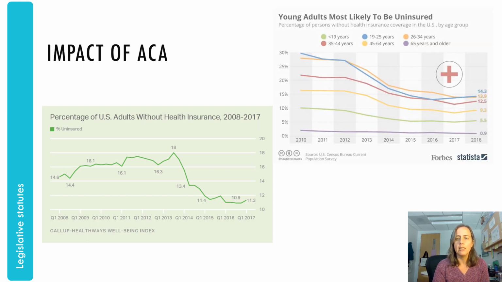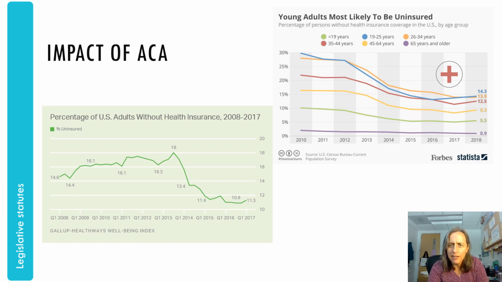So that's good. And what we can see too is that historically and still, younger people are more likely to be uninsured. Makes sense. They're less likely to have health problems and to understand the importance of health insurance. So we can see here the number of people who are uninsured, right?